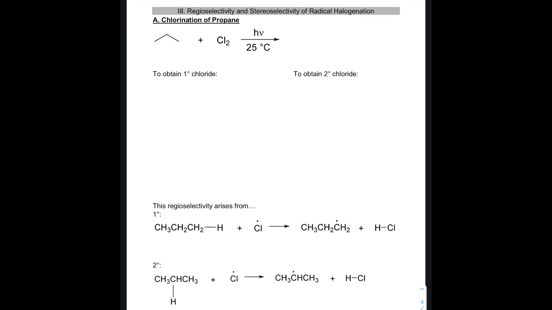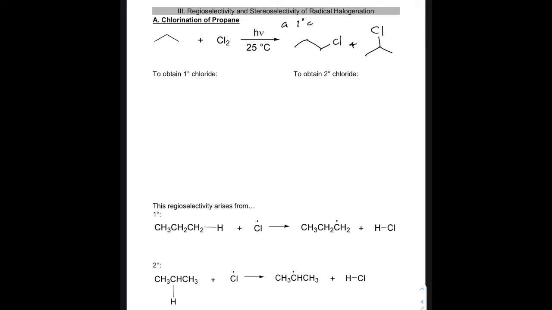let's say propane, right? Then we can have some regioselectivity issue here, because assuming chlorination only happens once, it could happen at the primary carbon, or it could happen at the middle secondary carbon.